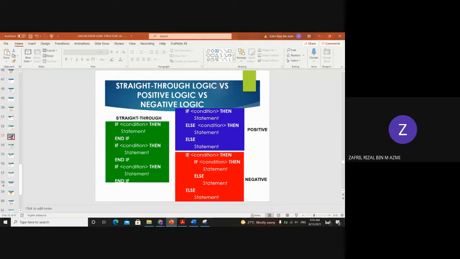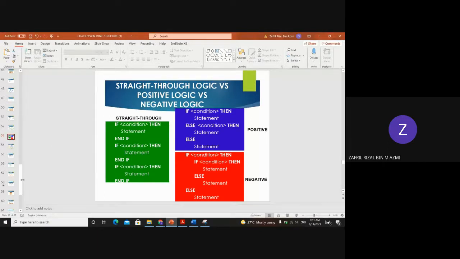Not every solution to a problem needs nested, so if you can avoid it, you may avoid nested. But if you're using negative logic structure, straight away you are applying nested design to your solution. If you are using positive, it doesn't have nested, no decision inside of a decision. But negative, you have it.